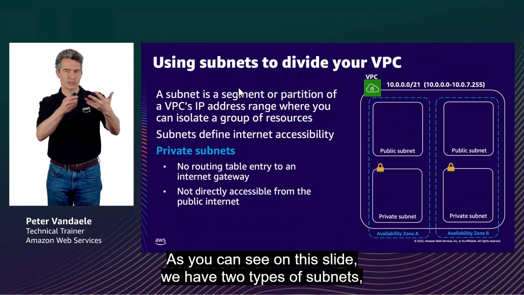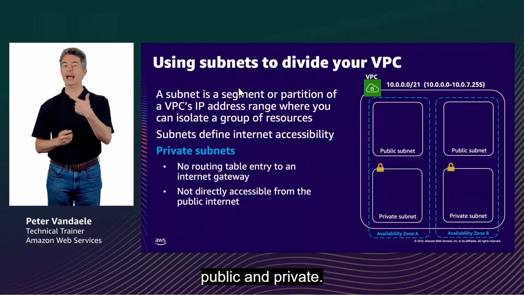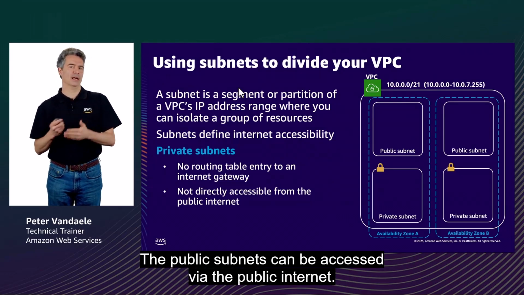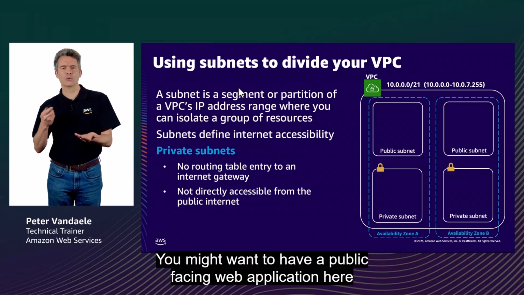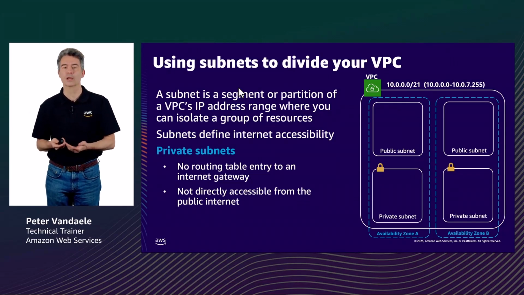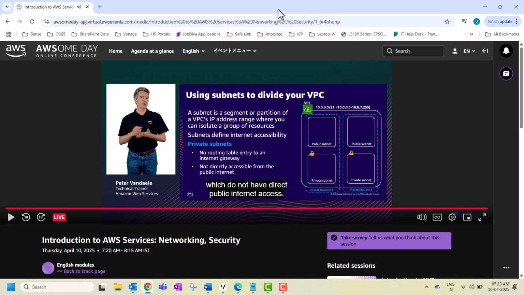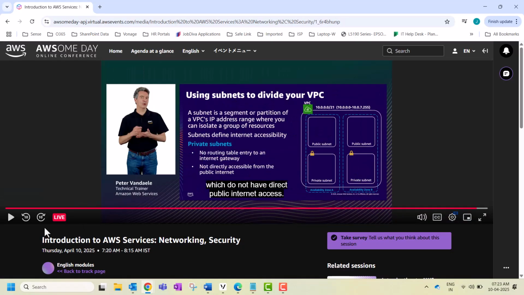As you can see on this slide, we have two types of subnets, public and private. The public subnets can be accessed via the public internet. You might want to have a public-facing web application here, or maybe a Bastion or Jump host. We also have private subnets, which do not have direct public internet access.